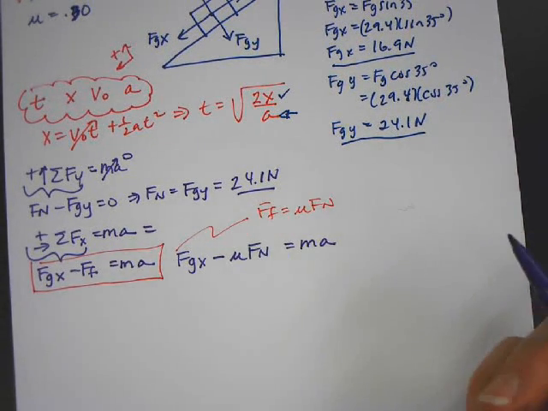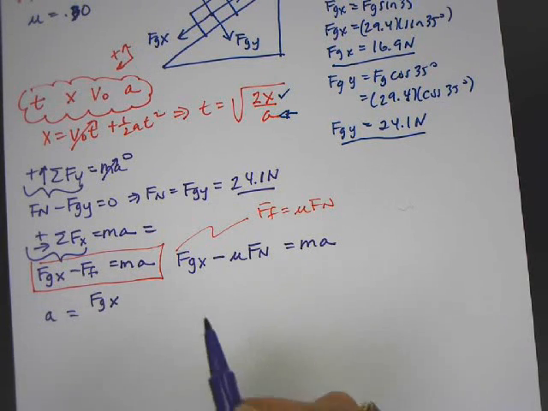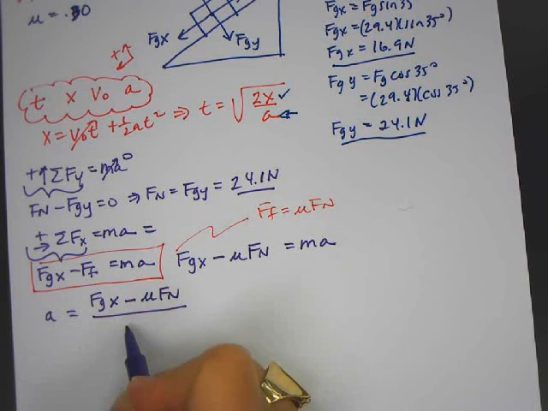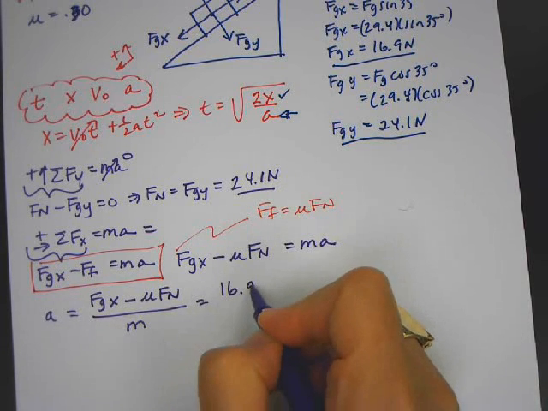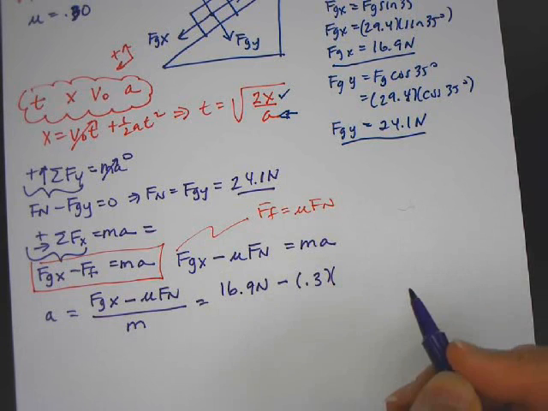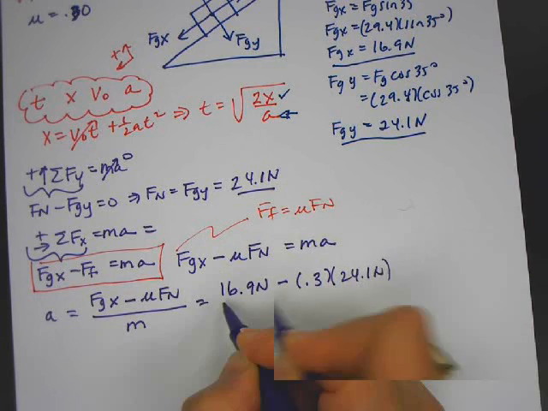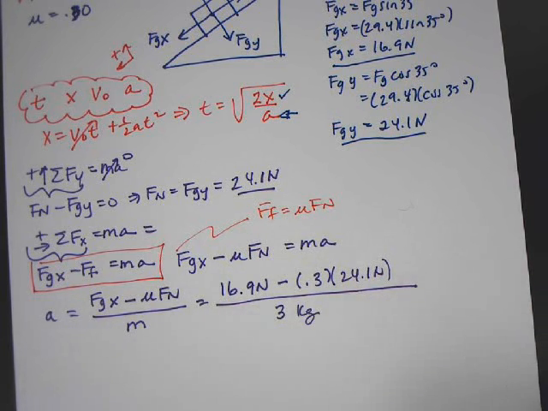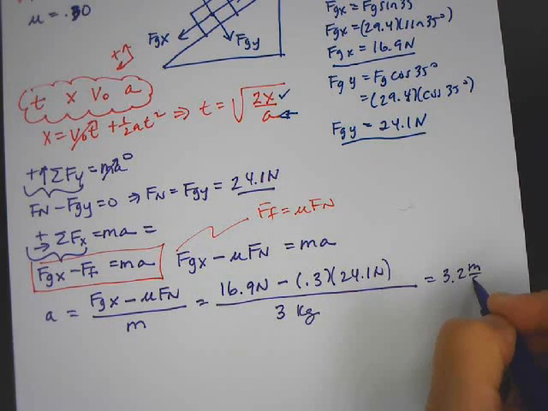Or I can substitute them in now. So a is equal to FGX minus mu times Fn over m. So FGX was 16.9 minus mu, which is 0.3, times Fn, which is 24.1, divided by the mass, which is 3 kilograms. So the acceleration comes out to be 3.2 meters per second squared.